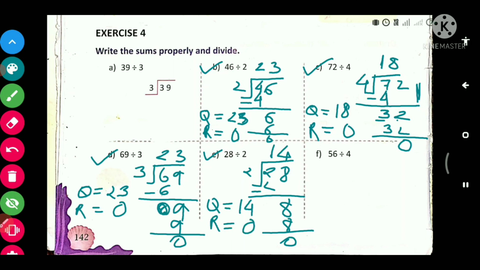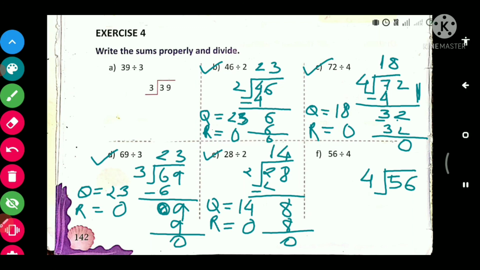Okay. So one more, let me do this one. So 56 is there and we have to divide it by 4. Now we'll see the place value of tens. So in the tens place, 5 is there. So 5 is greater than 4, right? So we'll take only 5.